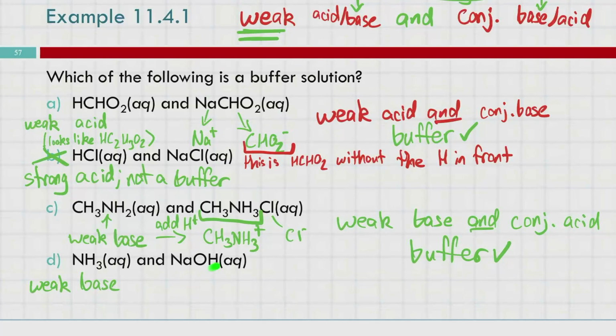What is sodium hydroxide, NaOH? That's also a base. So this is not a buffer. Additionally, to add insult to injury, it's even a strong base. So, not a buffer. Questions?